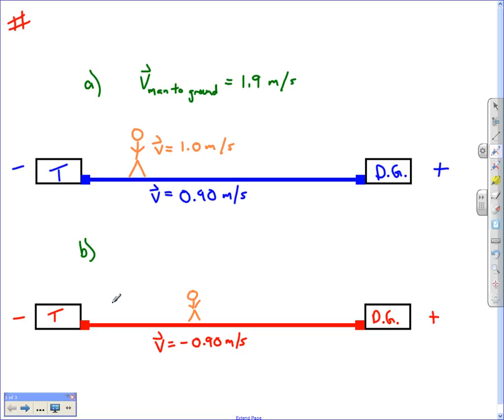I'll draw it on the other side of the child just to emphasize the opposite direction. It is going to be negative 0.4 meters per second. So the total velocity to an observer on the ground of the child on the moving sidewalk is going to be the addition of these two vectors.